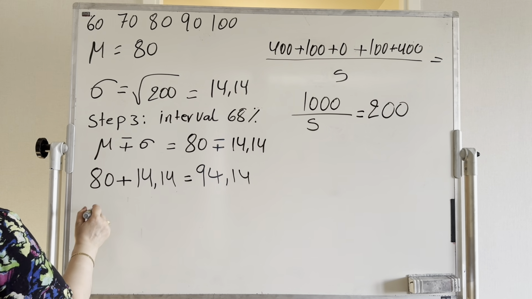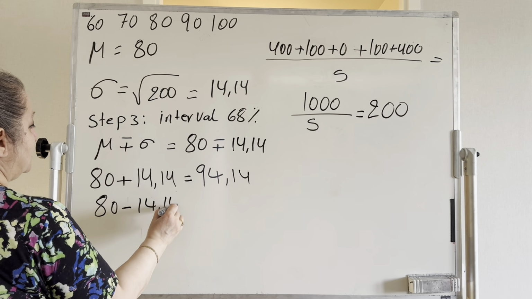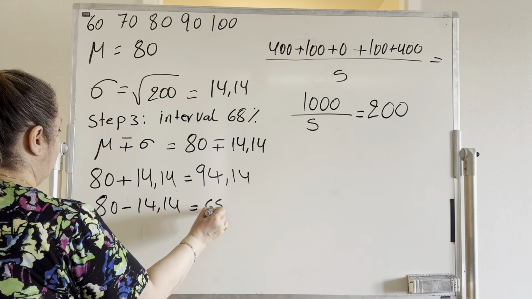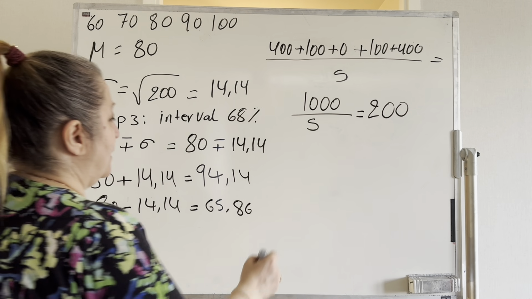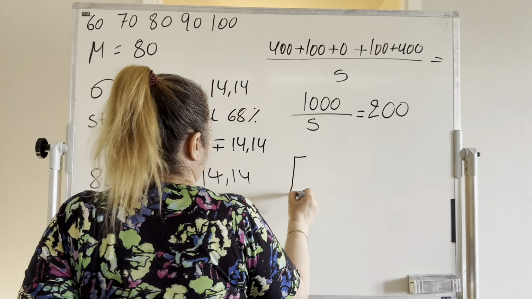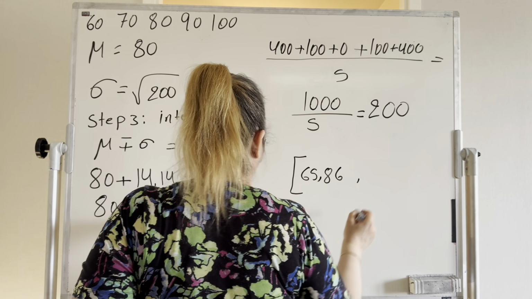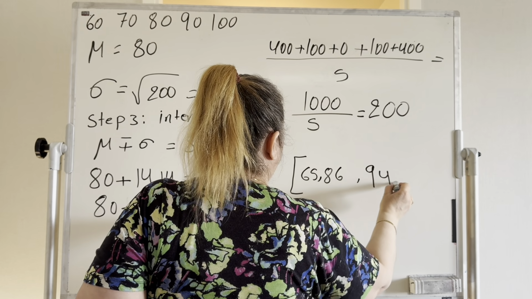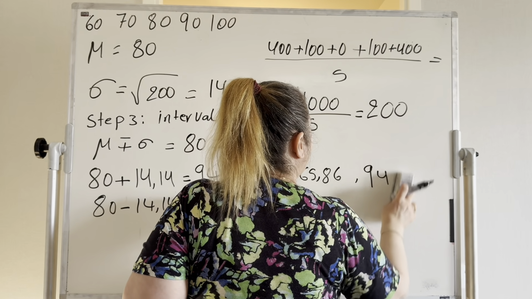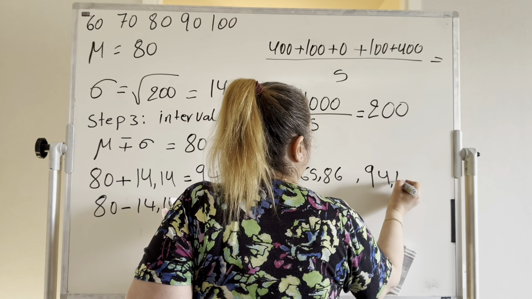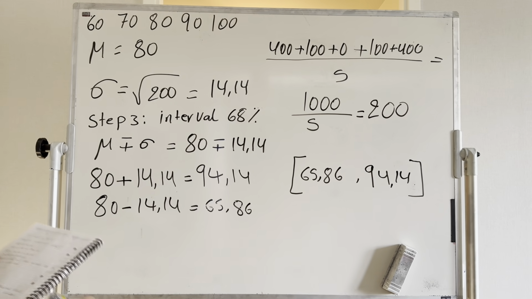And 80 minus 14.14 equals 65.86. The lowest value equals 65.86 and the highest value equals 94.14.